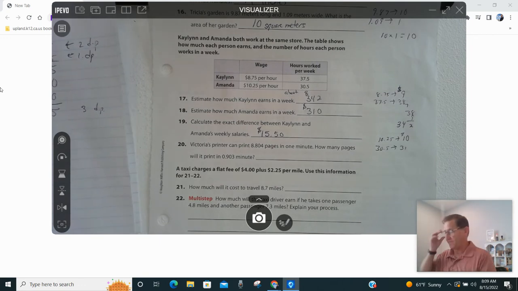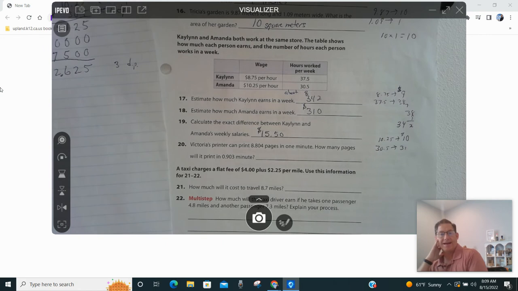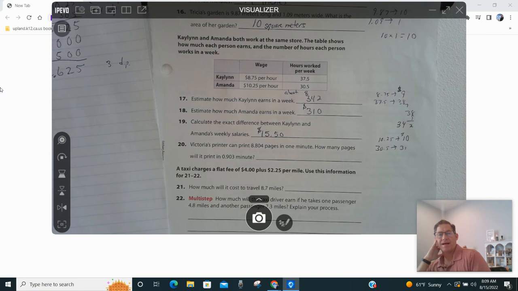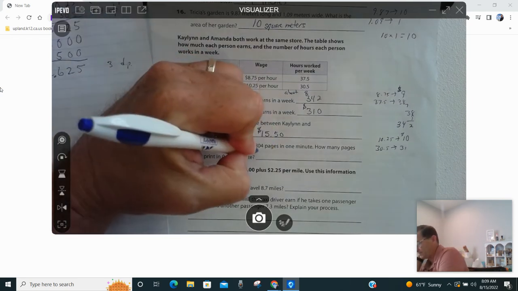Okay, number 20. Victoria's printer can print 8.804 pages in 1 minute. How many pages will it print in 0.903 of a minute? This doesn't imply that we're rounding.